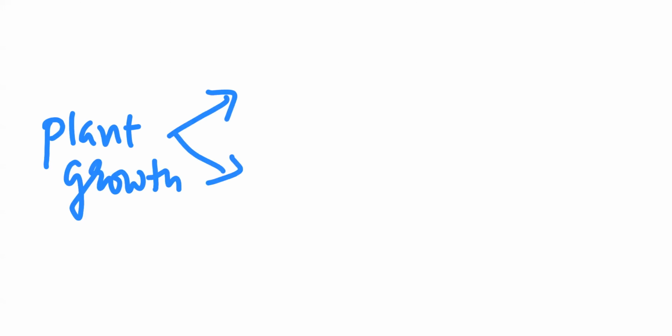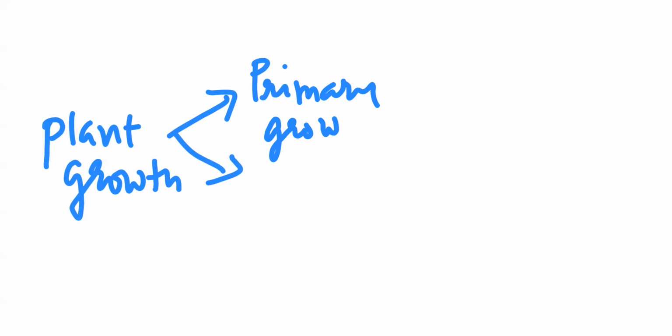When a plant is growing, it will show two types of growths. One is a primary growth and another one is a secondary growth.